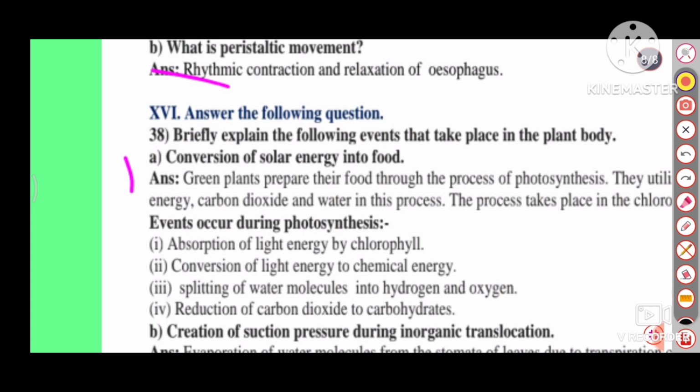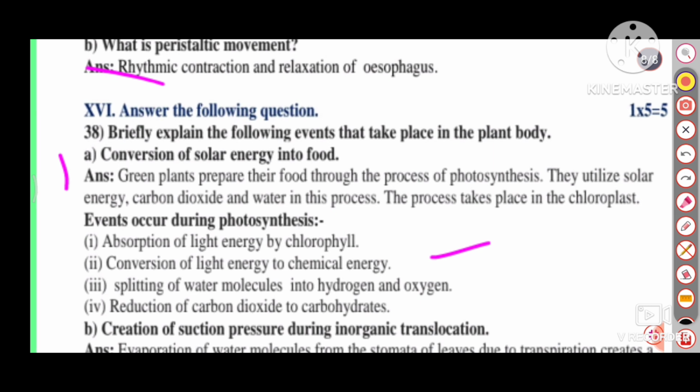Answer: green plants prepare their food through the process of photosynthesis in which they utilize solar energy, carbon dioxide, and water. This process takes place in the chloroplast.